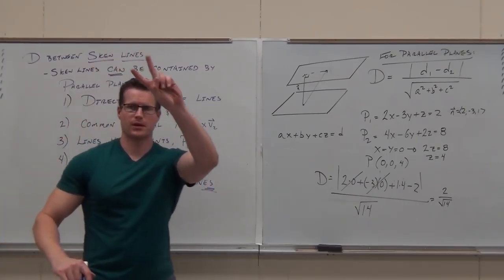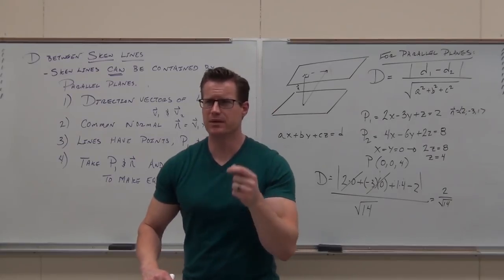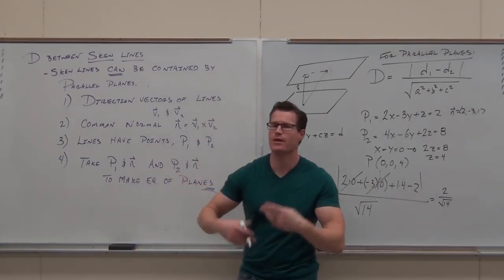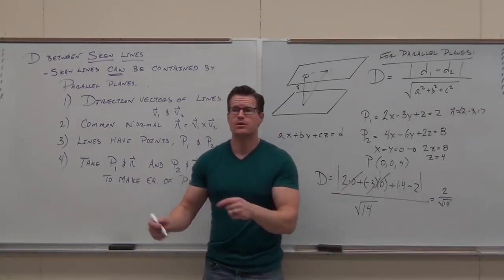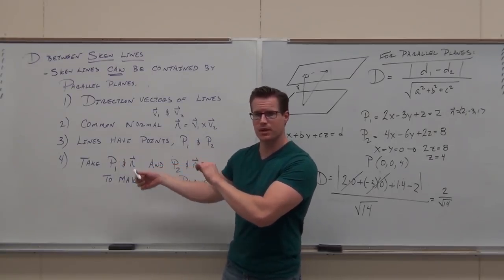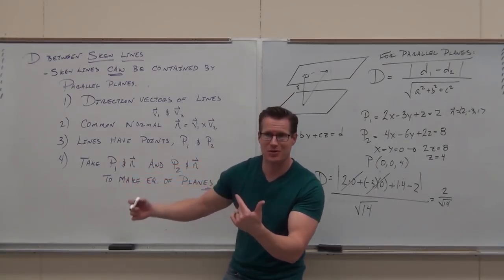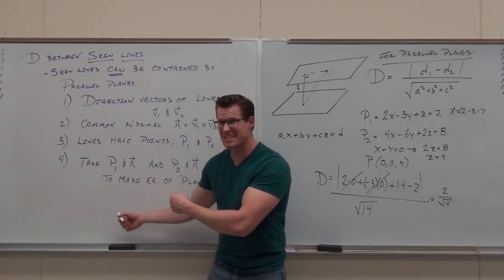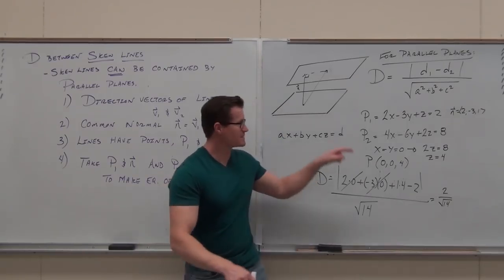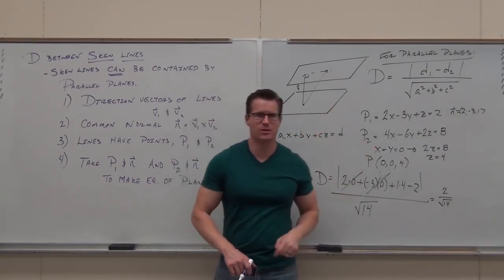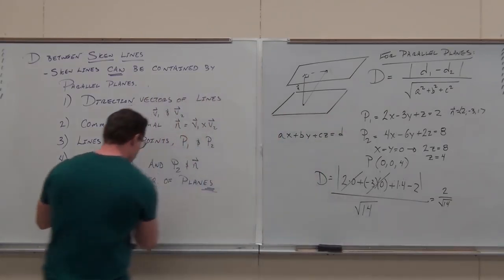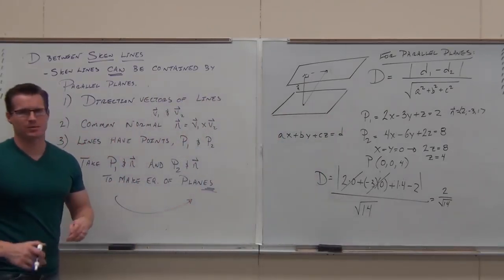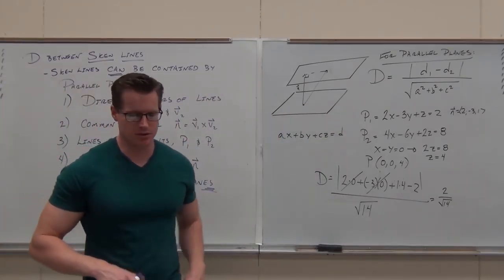Two of them. Those planes will be parallel. They have the same normal. They can't be anything other than parallel. So when you find those 2 planes, you have the equations, right? Those equations are going to have some d's in them. Take the d's, take the common normal, distance between parallel planes. That's the idea on how you would do it.